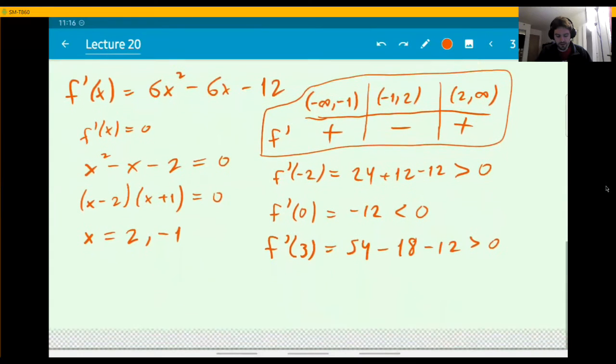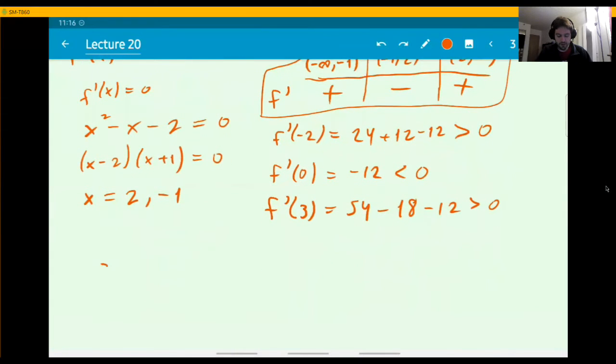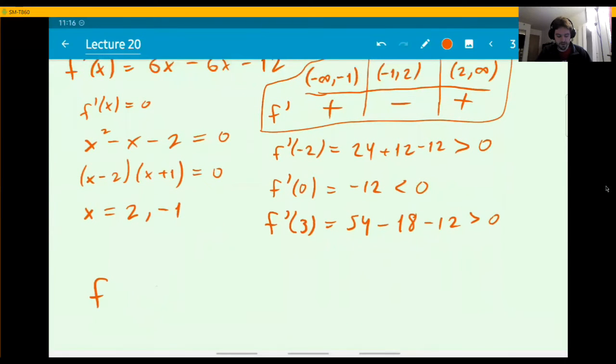So now this relates back to the original function. If F prime is positive, then F is increasing. F is increasing on the intervals -infinity to -1, and so you use a union sign. I mean, or is the meaning of union sign.